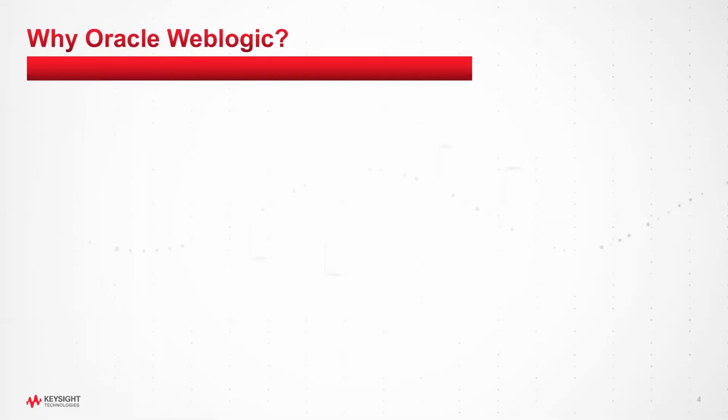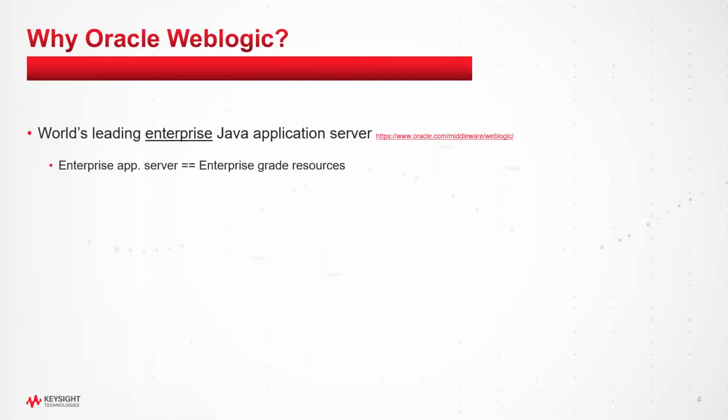Further on, why Oracle WebLogic? Oracle WebLogic is a world-leading enterprise Java application server. Well, there are other solutions like Apache Struts or Apache Tomcat around Java application servers, but when it comes to enterprise, it is the world's leading solution, let's say.